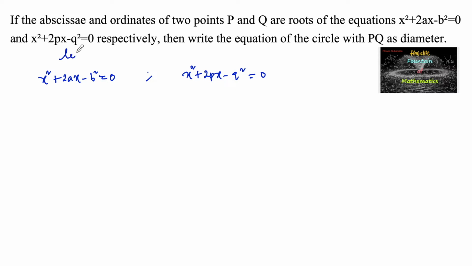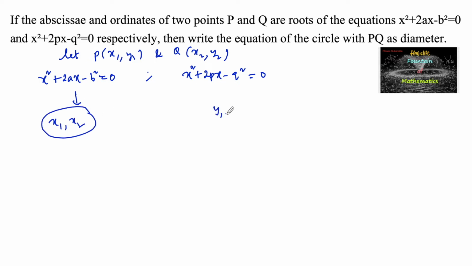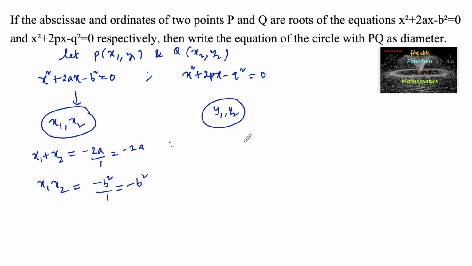So let us consider P (x1, y1) and Q (x2, y2), so that x1 and x2 are the roots of the first equation and y1 and y2 are the roots of the second equation, such that the sum of the roots x1 plus x2 is equal to minus b by a, that is minus 2a upon 1, that is negative 2a, and the product of the roots x1 x2 is equal to c upon a, that is minus b square upon 1, that is minus b square.